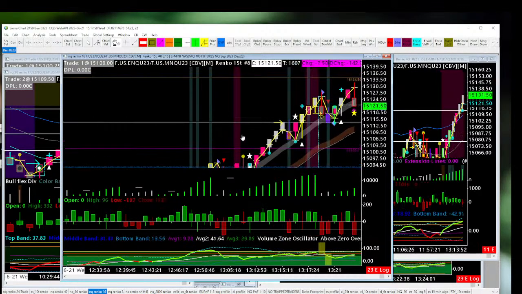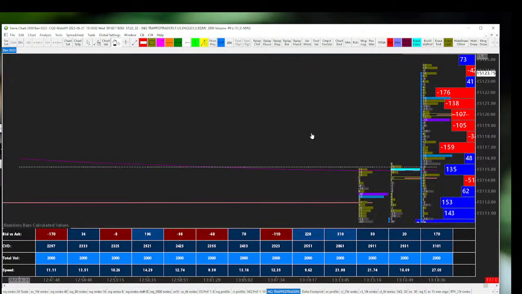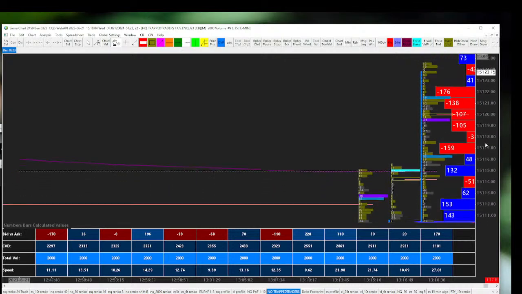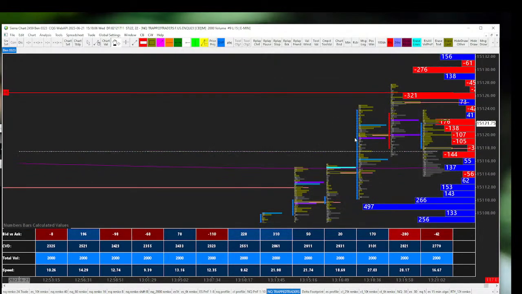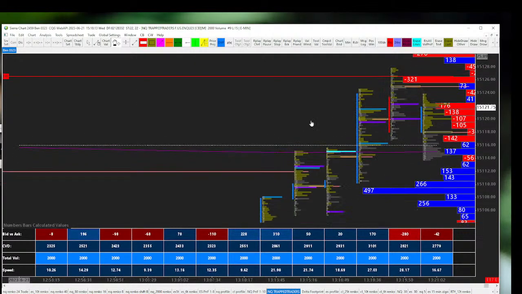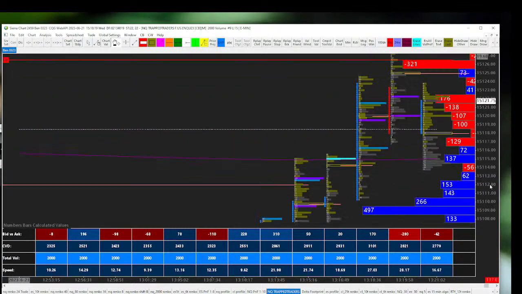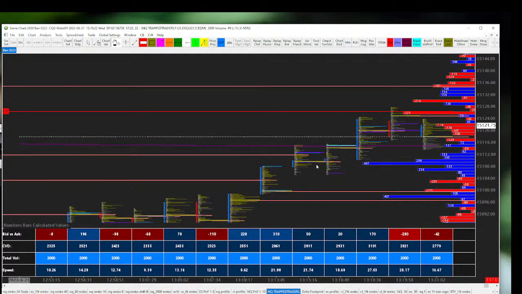So if I looked at this exact spot on my Delta footprint, what we're going to see is this here. It's not Renko, it's volume based, so it's going to cover more than just one bar. It's basically this. But if I look in here and refer to the previous up wave, that is that Weiss wave.